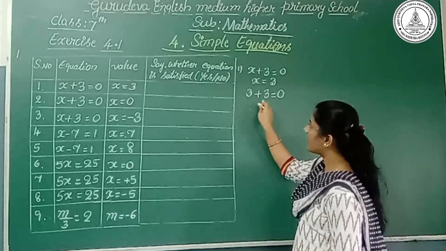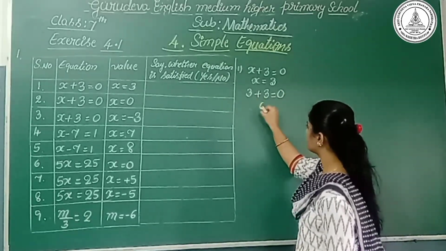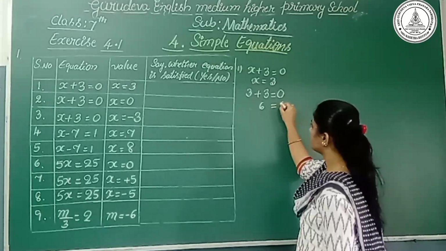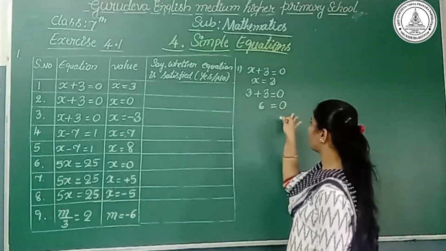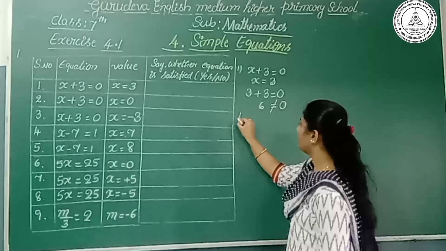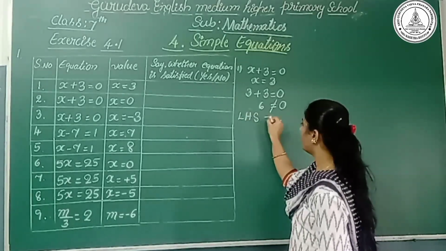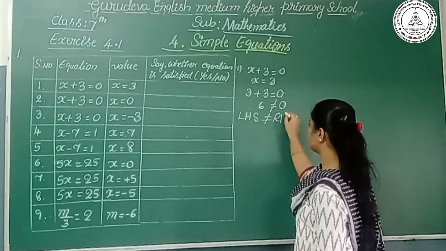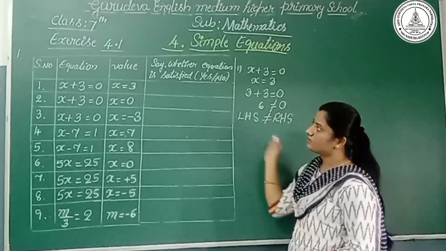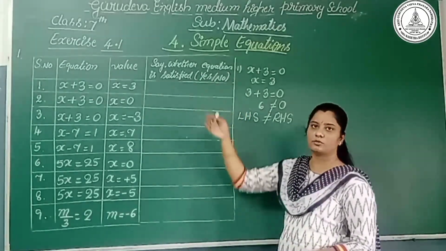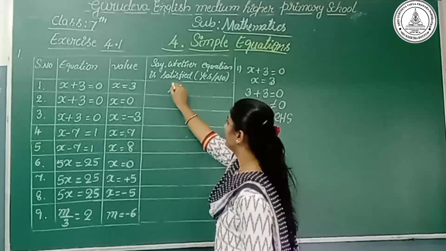The LHS, 3 plus 3, is 6 and the RHS is 0. We know that 6 is not equal to 0. Therefore LHS is not equal to RHS, so the equation is not satisfied. We have to write no.